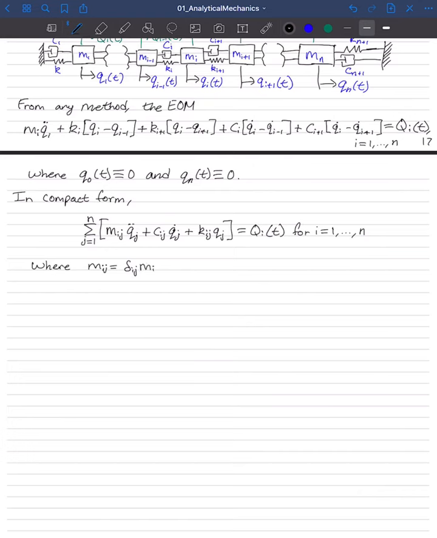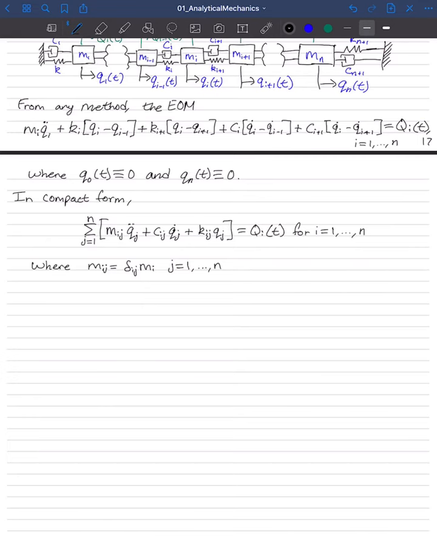I believe it's the Kronecker delta, though I don't remember specifically, but I'm pretty sure it's the Kronecker delta. And if that's not the right name, then please let me know, and I'll add a comment to the video to correct that. And this is true for j equal to 1 all the way up to n.